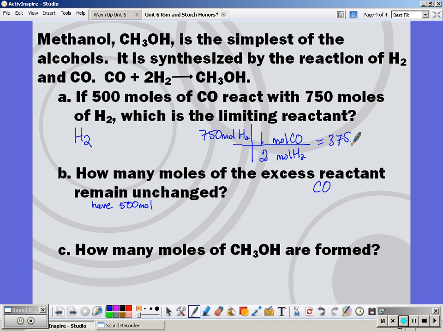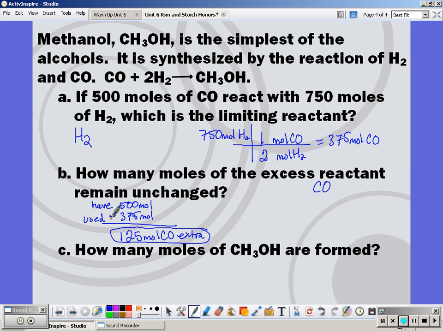So out of the 500 moles of CO, I need to use 375 moles of them. So that means I have 125 moles of CO that are not used, so that I have as extra. So if you take what you have, subtract what you used, which is based on your limiting reactant, that tells you how much extra you have.